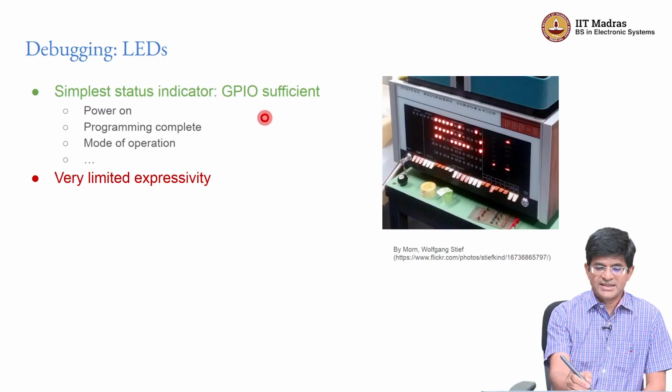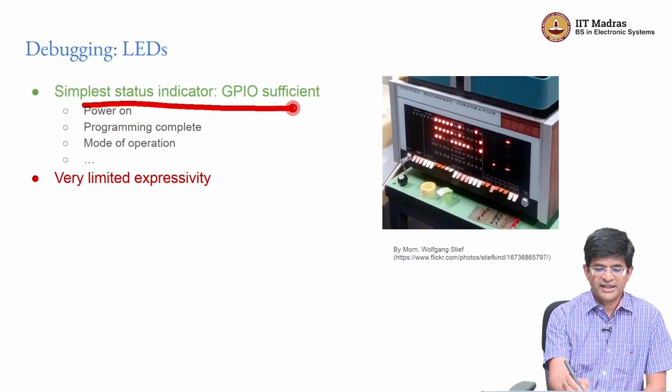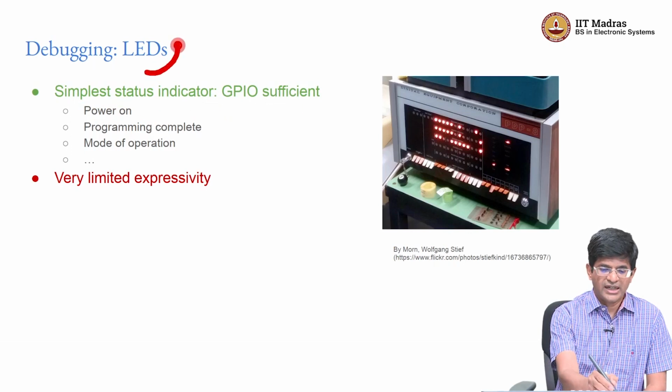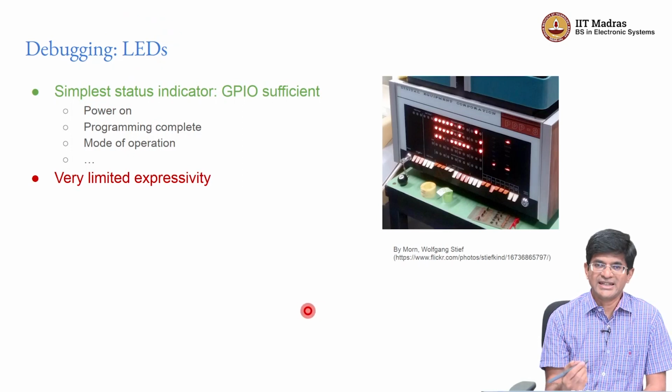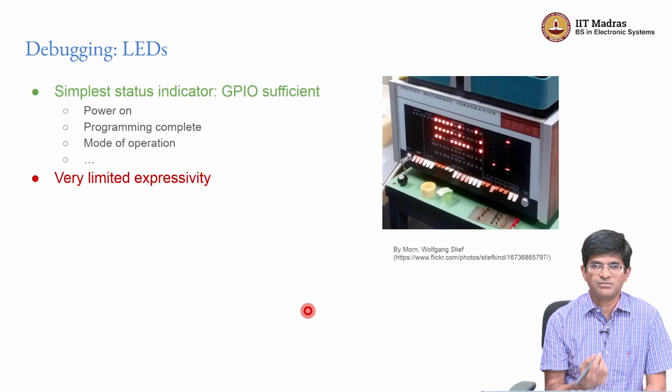The simplest is some kind of a status indicator, right? And we have LEDs. One of the reasons why LEDs are so popular in embedded systems is because they are the simplest means of communicating information from the system to the user, right? You literally don't even have the luxury of a printf statement to send a message across.